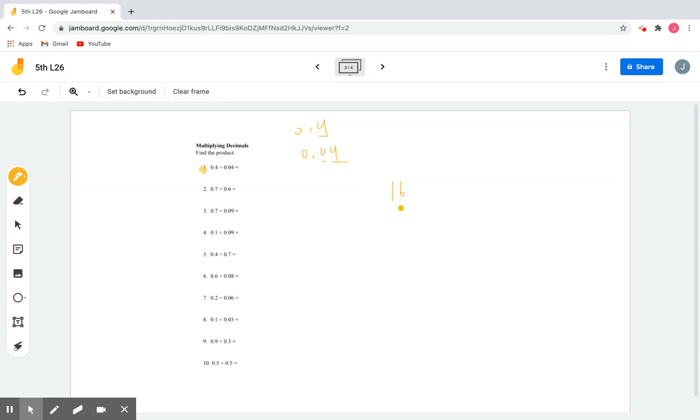So this answer must have 3 digits behind the decimal point too. So I'm going to move it to the left by 3 units. So it will be here. So I'm going to fill in with 0. So the final answer will be 0.016. Okay.